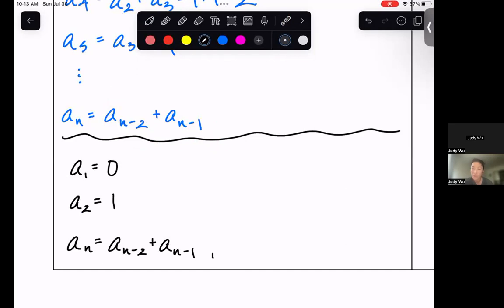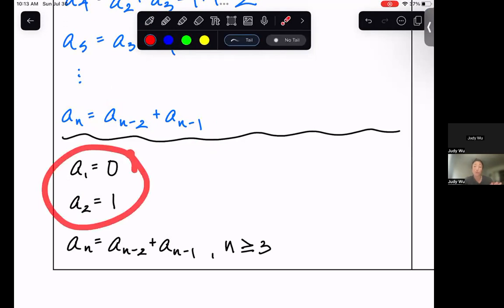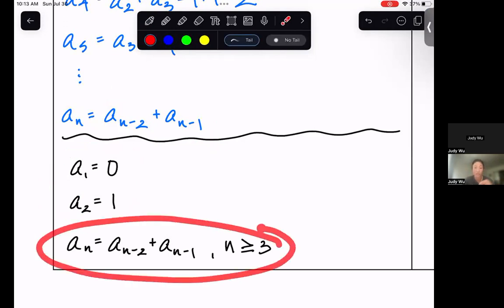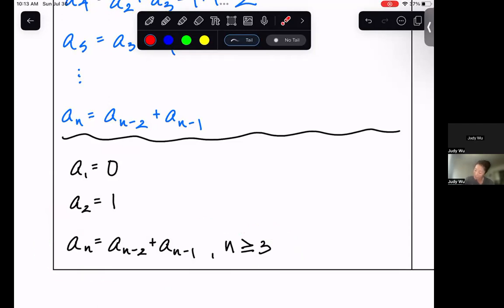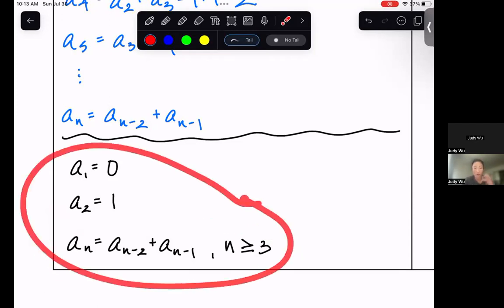And this is only true when n is greater than or equal to 3, okay? Meaning the first 2 terms we have to have, and after that, then we can start to use this pattern, okay? So this right here, all 3 lines, those are all together our recursive formula, okay?